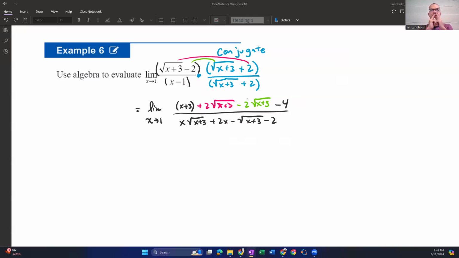So that when the dust settles, hopefully some of this will be able to cancel out. On the top, we've got a nice x plus 3 minus 4, because these cancel out with each other. That should give us x minus 1 on top.